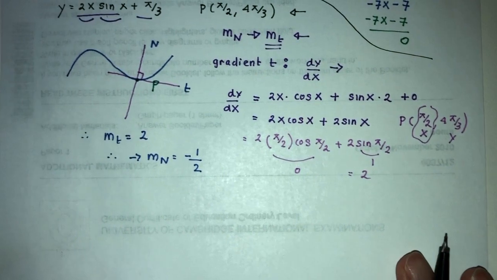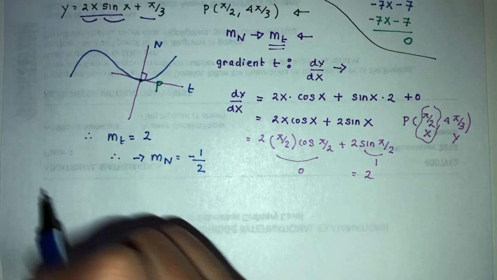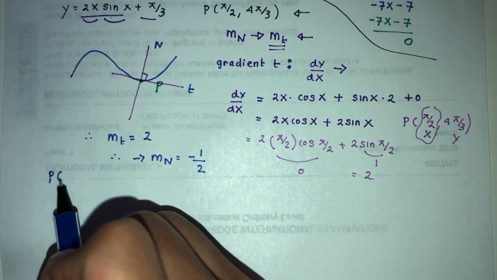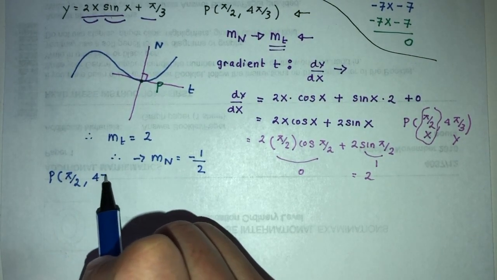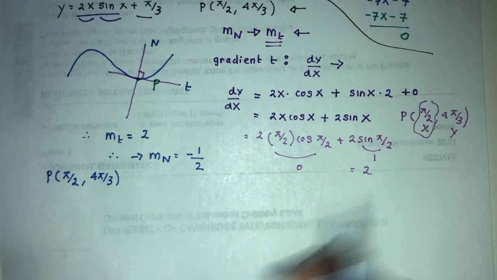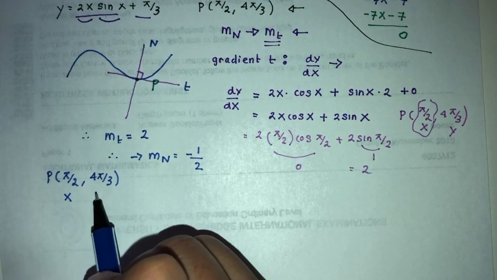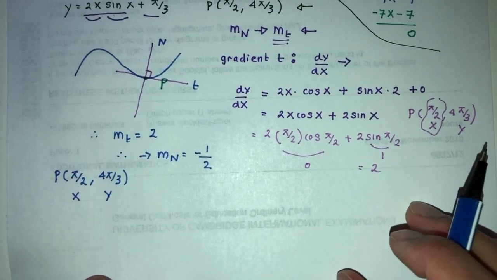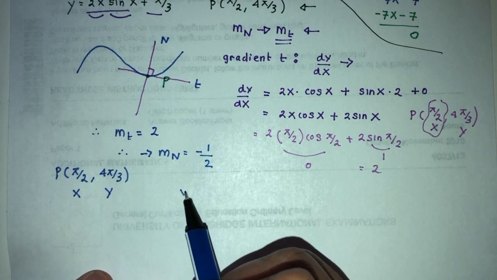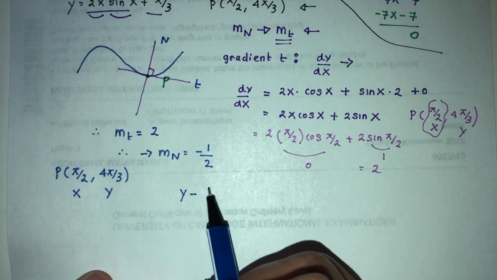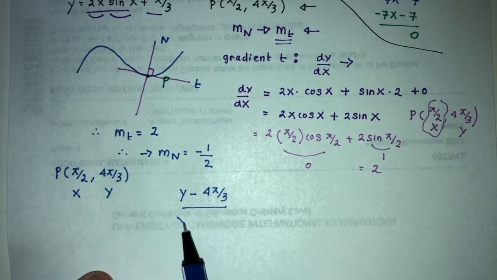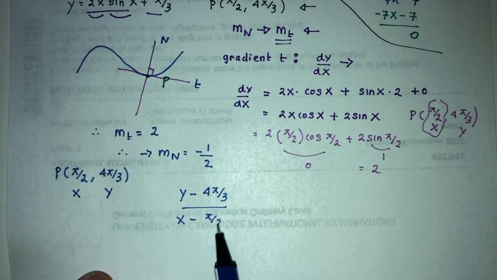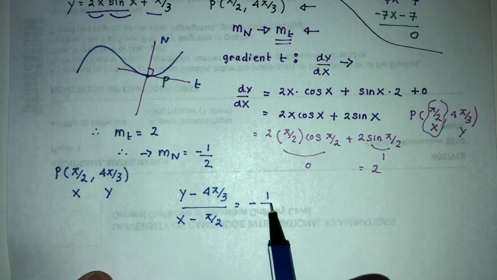The passing point is P, which is pi by 2 and 4 pi over 3. This is your x value and this is your y value. The way I like to find the equation of a line, I will take y minus the corresponding value over x minus the corresponding value equal to the gradient of the normal.